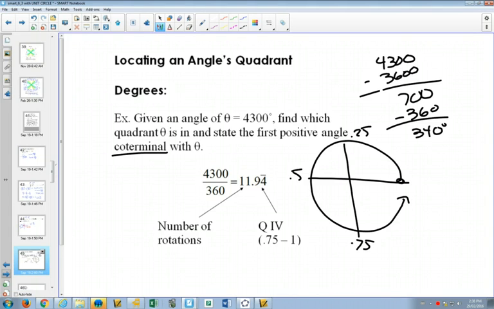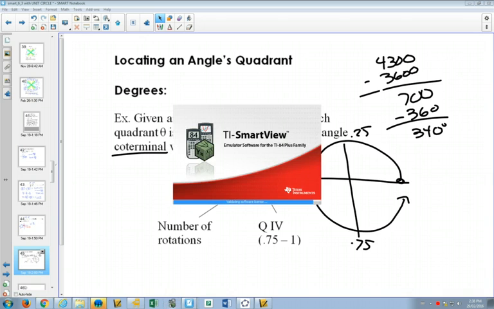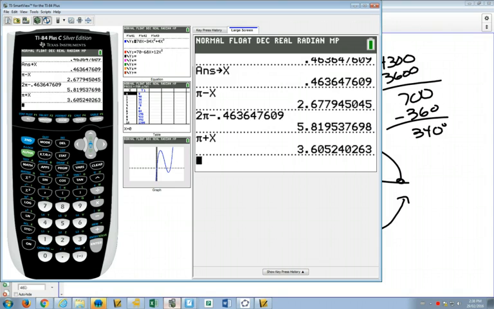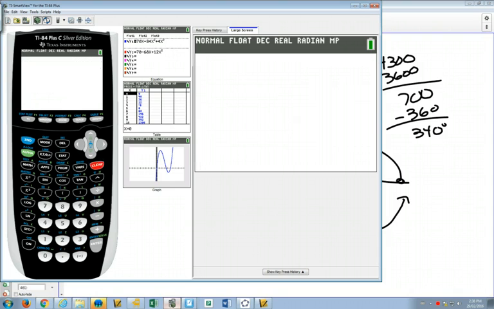Now, if you had done this on your calculator, what you could do is take the 0.944. So for example, if I pull this up on my calculator, and I just take the decimal and times it by 360, it'll tell me 340 as well. But I'll show you what that'll look like. So I took 4,300 and I divided by 360.